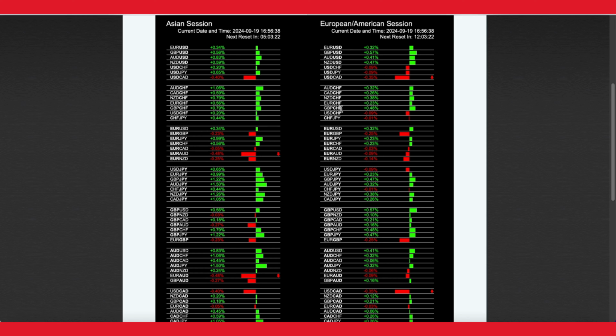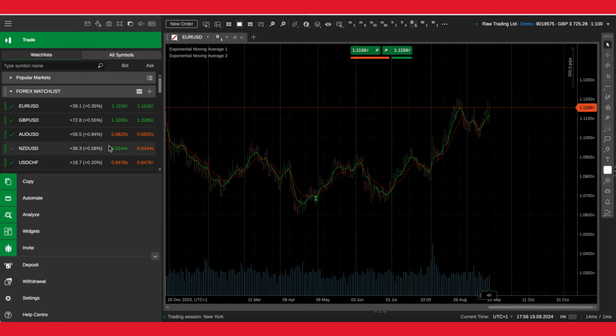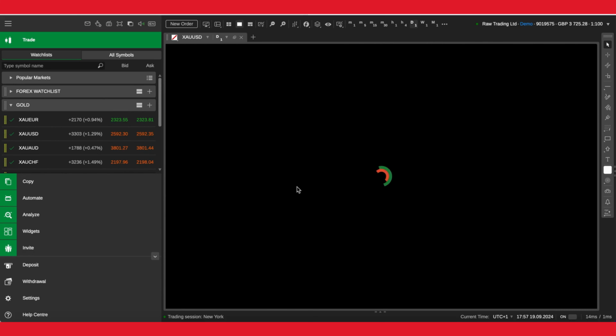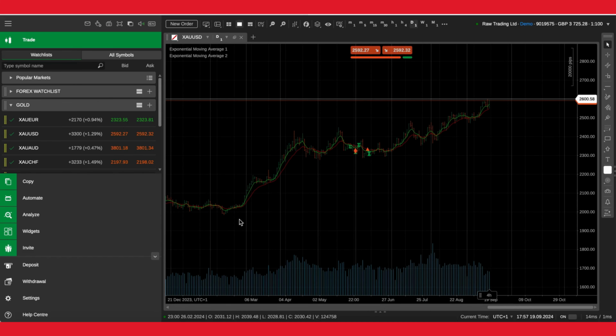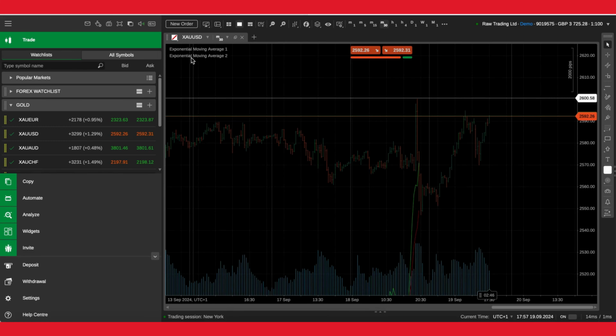The second thing we really want you to take on board is considering the wider economic aspects as well. The time of recording for this is Thursday the 19th of September 2024, and only yesterday we had the US interest rate decision. If I take a look at one of the charts, I'm going to look at gold dollar, and there's a reason why I'm choosing this chart over the others.